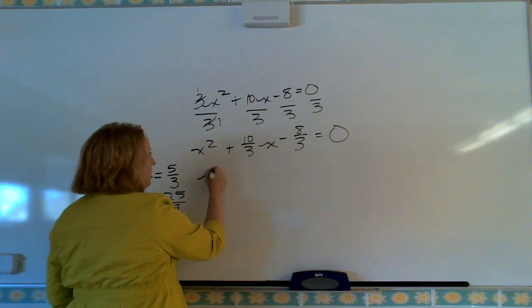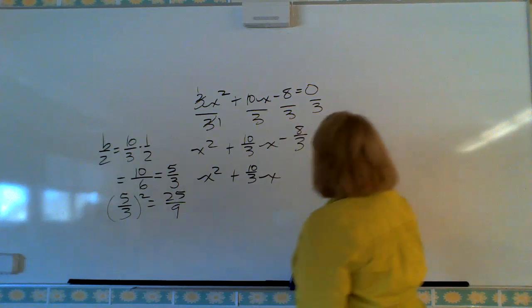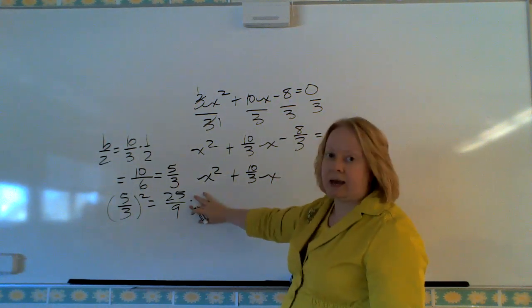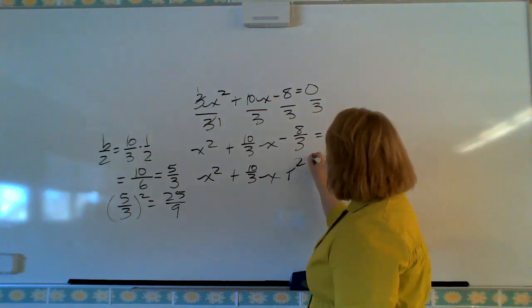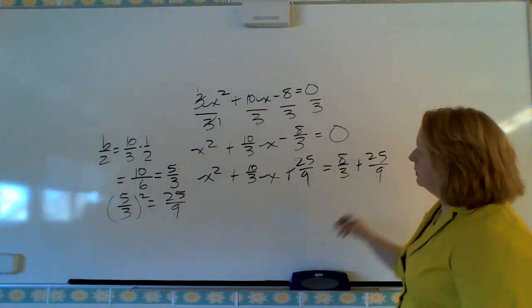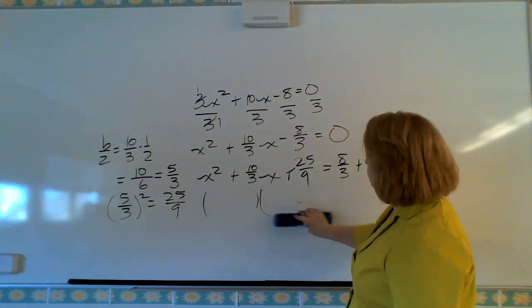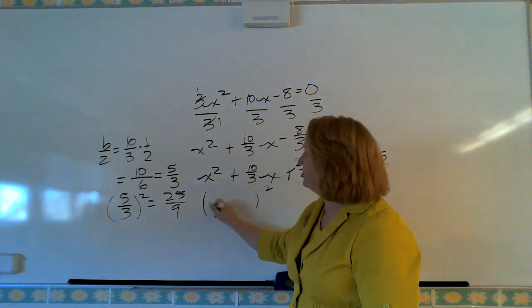Okay, so I get x squared plus 10/3 x. I'm going to move this 8/3 over, and then I'm going to go ahead and add the 25/9 to both sides. So it's plus 25/9 plus 25/9. And then you can go ahead and factor it into a perfect square binomial. This will be x.